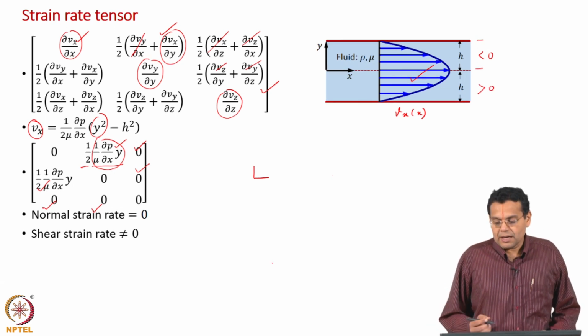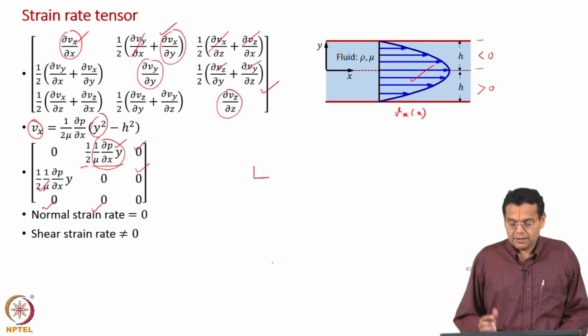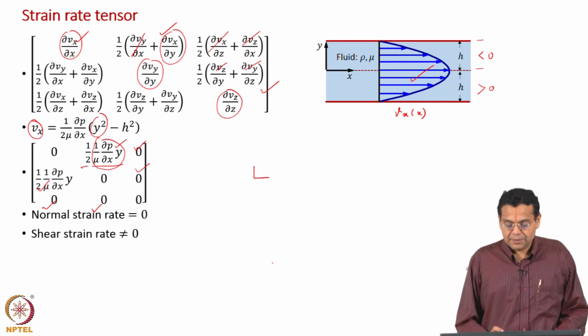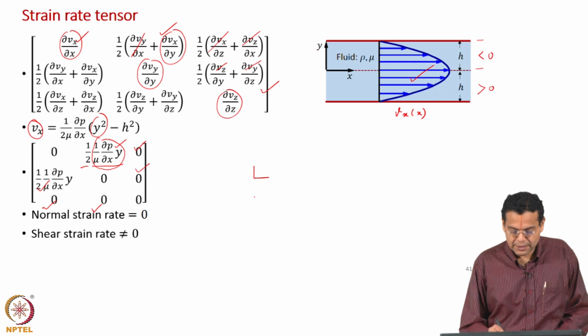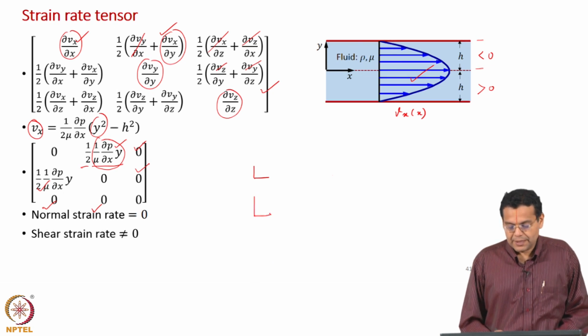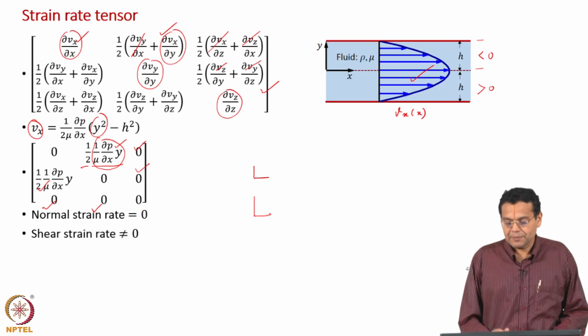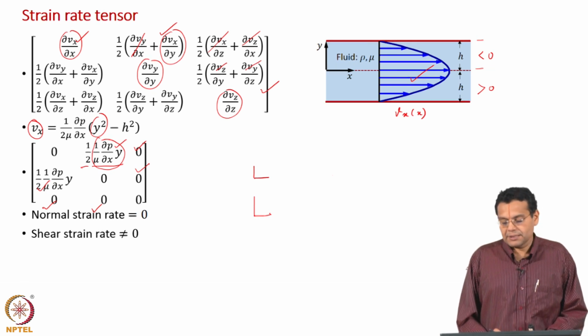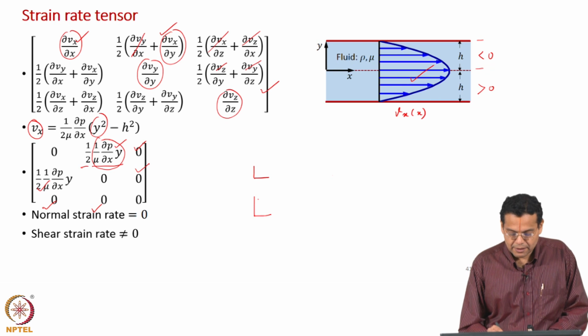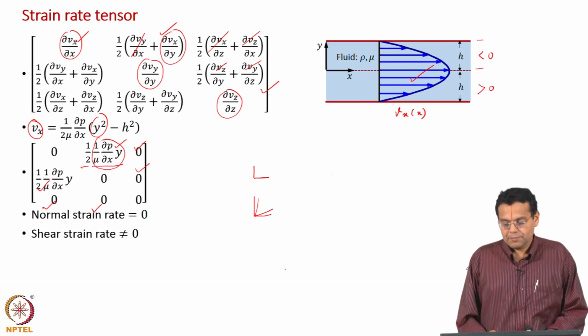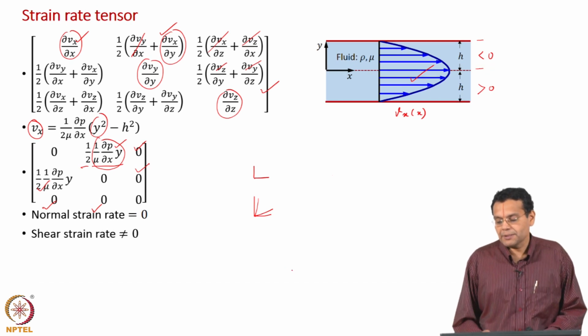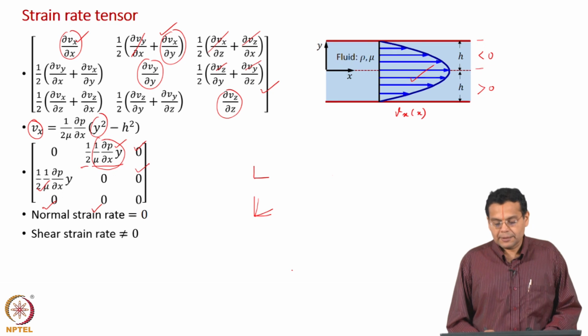We know that positive shear strain rate means that if you consider two line elements perpendicular to each other at some time t, and some time later, t plus delta t, they approach each other, which means there is a decrease in the angle between them. That is what happens below the central line.